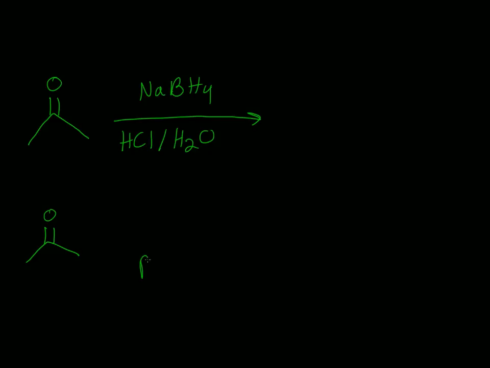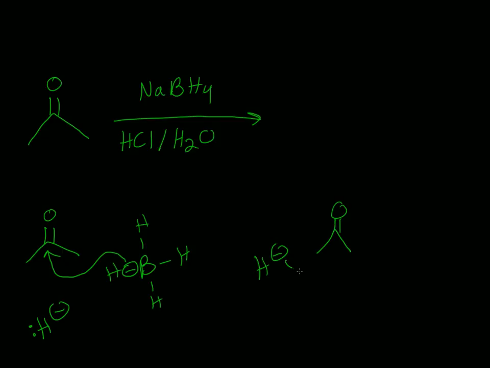Anyways, so we have our boron with 4 hydrogens. One of these hydrides is going to attack this carbon right here. And when I say hydride, I mean both of the electrons in this bond are coming with this hydrogen. That's why it's called a hydride. So really, if you want to do a shortcut, you could just say H minus is attacking that carbon.